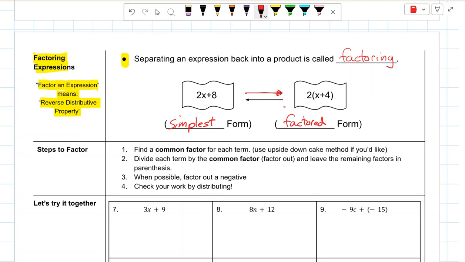Well, how would you take it from factored form and go back to simplest form? You would use the distributive property. So going from the right to the left is the distributive property, and going from left to right is factoring, also known as reverse distributive property.